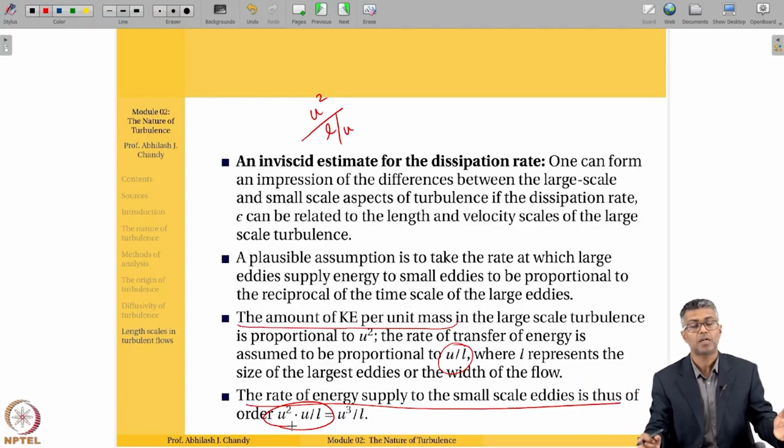And that dissipation rate is the same rate at which energy is being supplied to the small scales by the large scales.